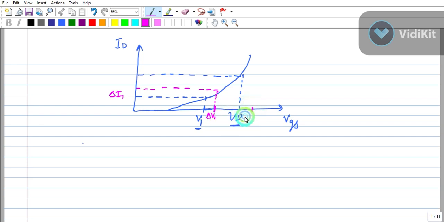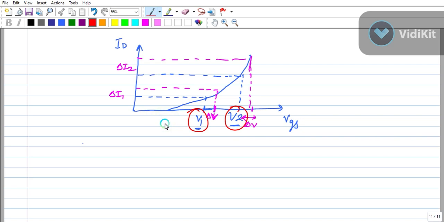And if there the change is delta V, there will also be a change in current, which is equal to delta I2. Okay, so which biasing is good? This one or this one?